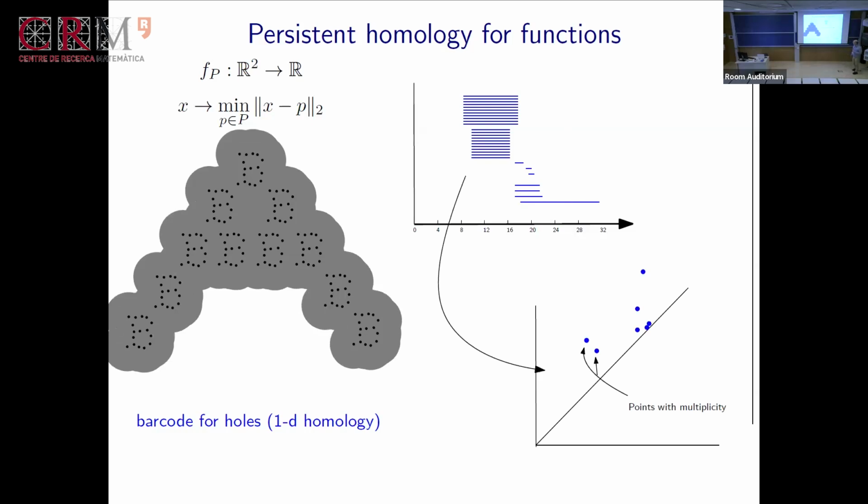Okay, and just before telling you a few words about homology, I just want to mention that, in the same way as previously, you can convert your barcode into a persistence diagram. This persistence diagram is just for one homology dimension.